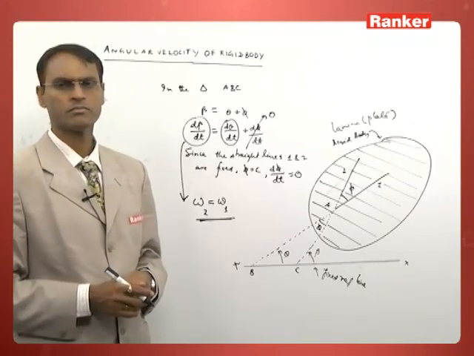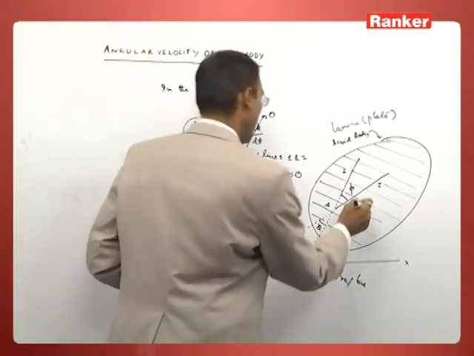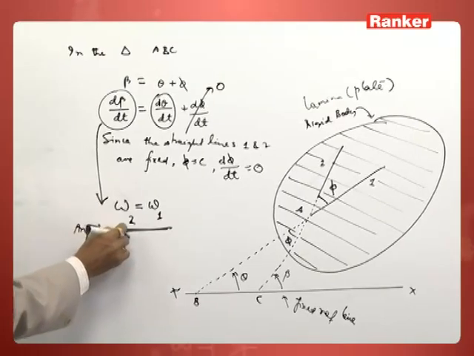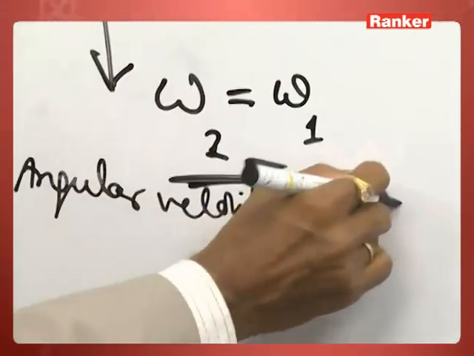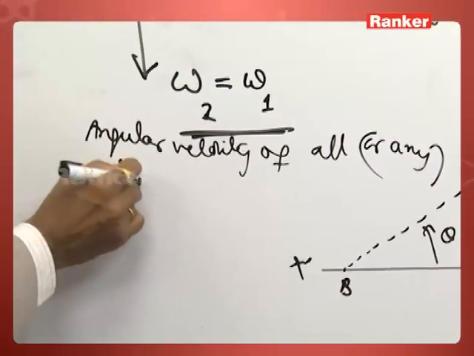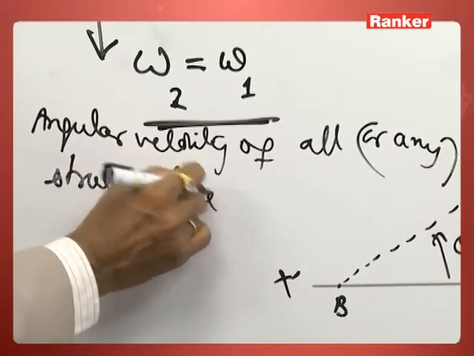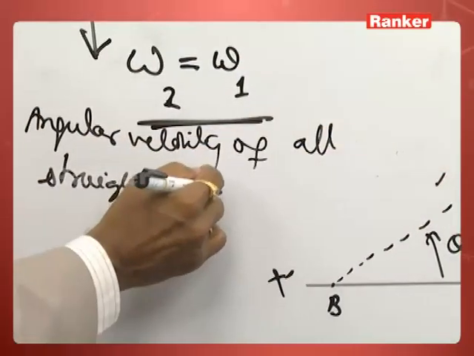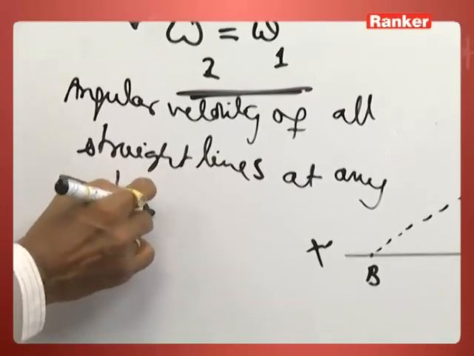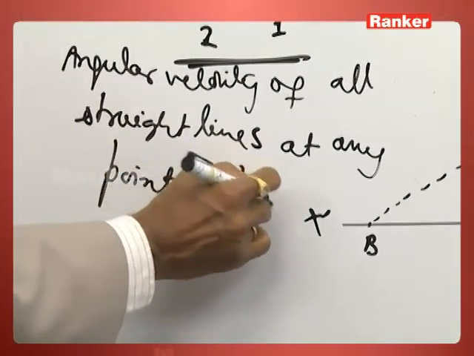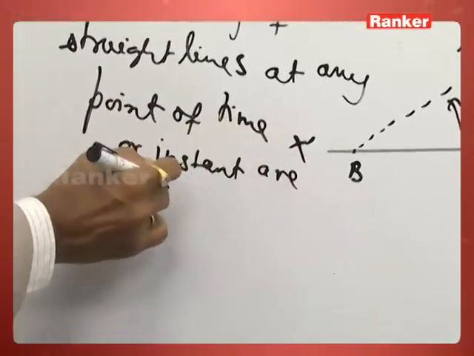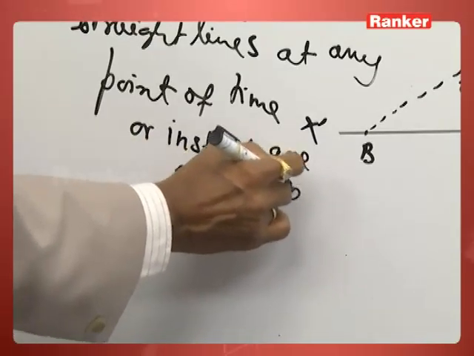Hence, we can say that angular velocity of all straight lines at any point of time or instant are equal to each other.